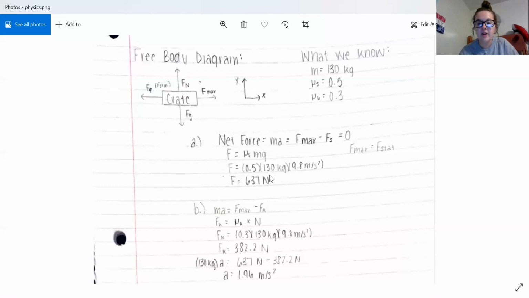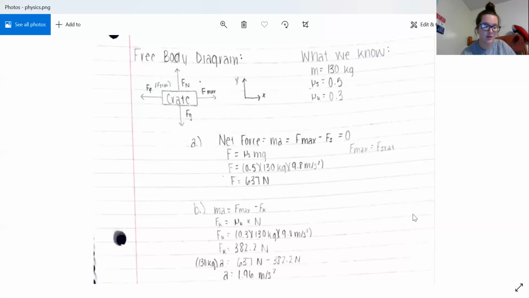So 0.5 times 130 times 9.8. And for this, we will get 637 newtons. And then it is important to remember that your F max equals your F static. So this is going to be both of those. And that could be a pitfall if you just assume that they are not equal.